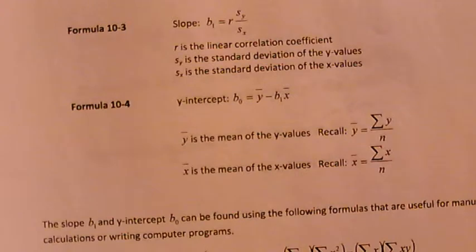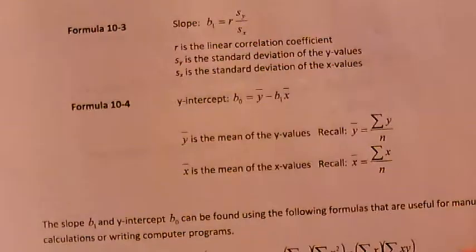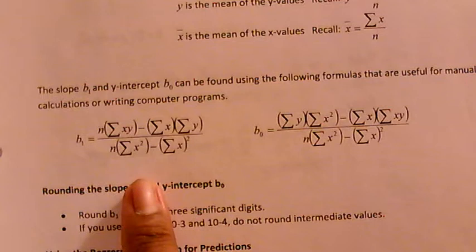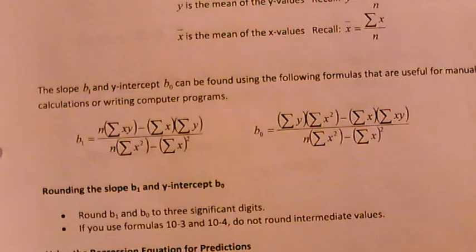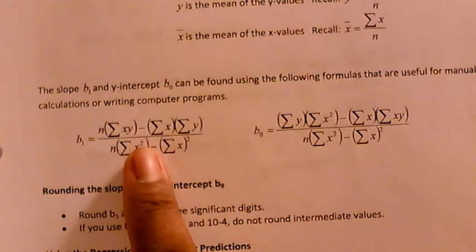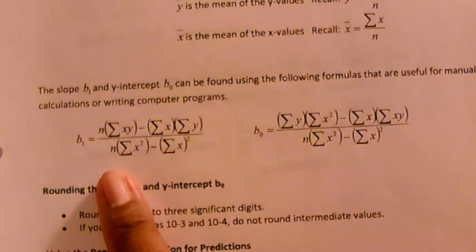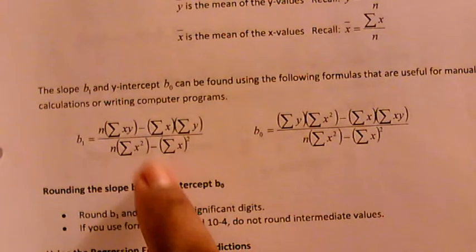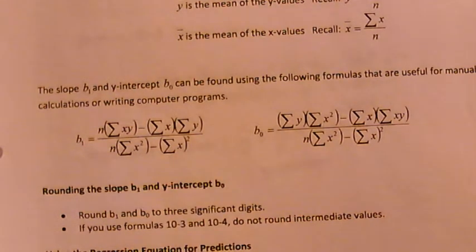Now, that slope is b sub 1, so instead of using this, we can use this formula, where n is the number of paired data, and that's multiplied by the sum of the product of x and y, minus the sum of your x times the sum of your y's. The denominator will be n times the sum of the squares of all your x's, minus the sum of all your x's, and then you square it.